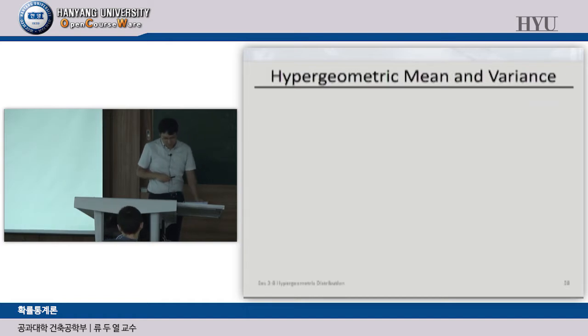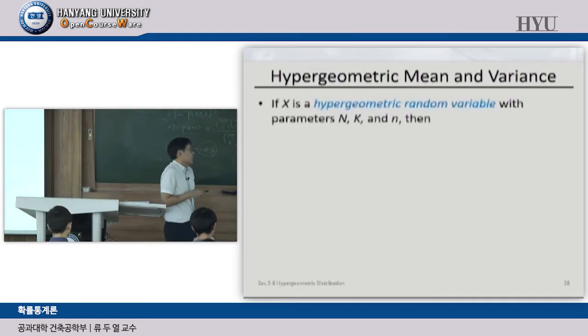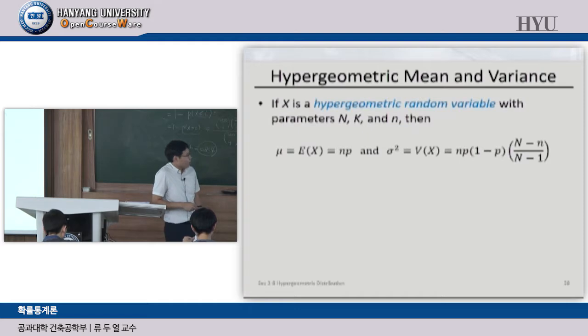And now, I'm going to explain about the hypergeometric mean and the variance. If x is a hypergeometric random variable with parameters large N, large K, and small n, then the mean is equal to n multiplied by p, and the variance sigma square is equal to n multiplied by p multiplied by (1 minus p) multiplied by (N minus n) over (N minus 1).